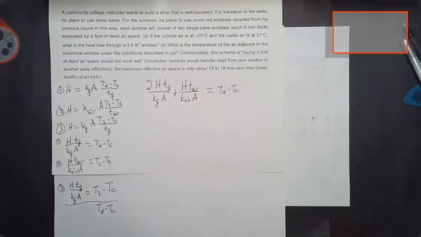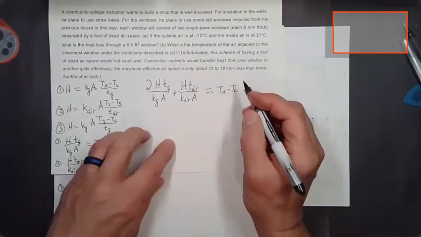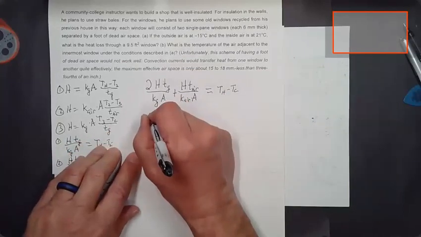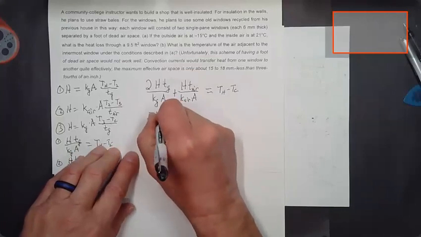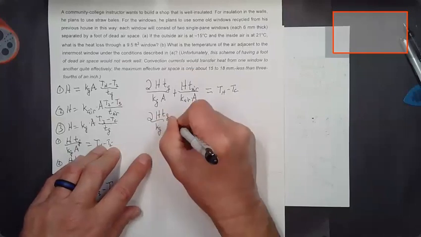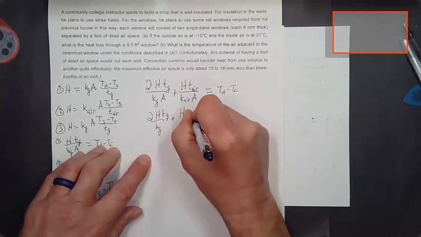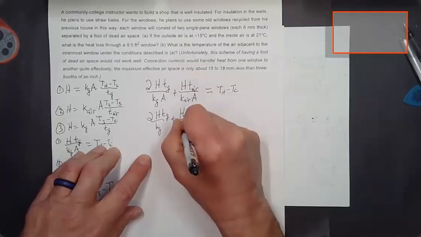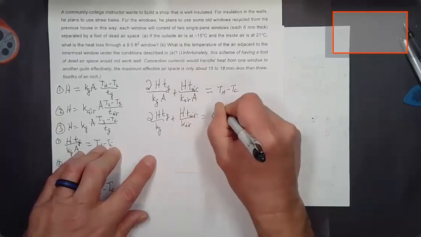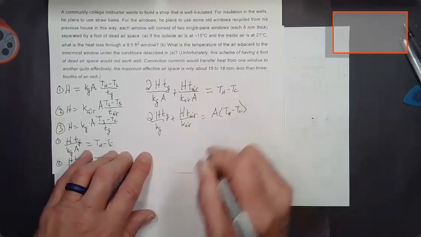Okay. I'm going to start by multiplying both sides by the area because that'll simplify things a little bit. And then on this side, I'll have 2H T sub G over K sub G plus H T sub air over K sub air is going to equal that area times TH minus TC.